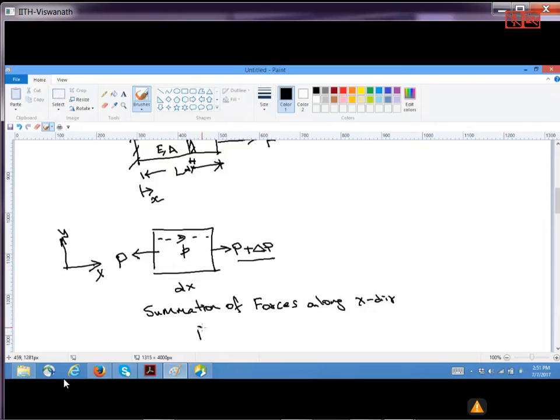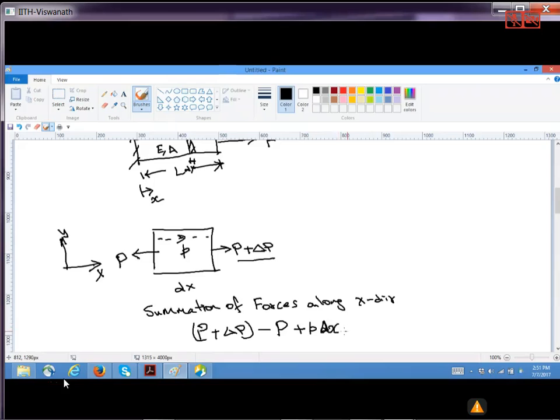So P plus delta P minus another P, plus there is a body force acting along the positive direction, p delta x, is equal to 0.